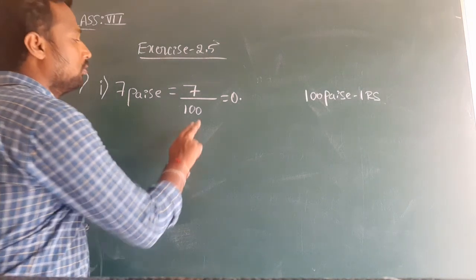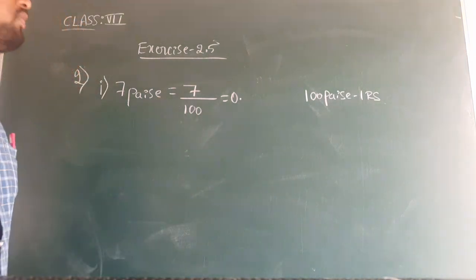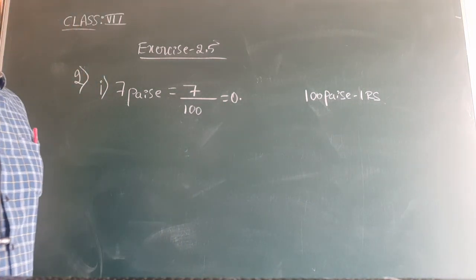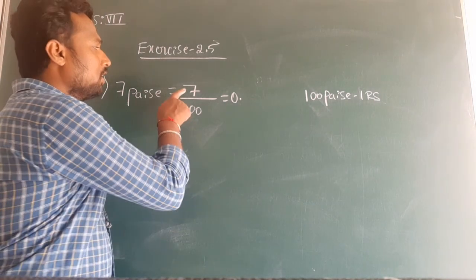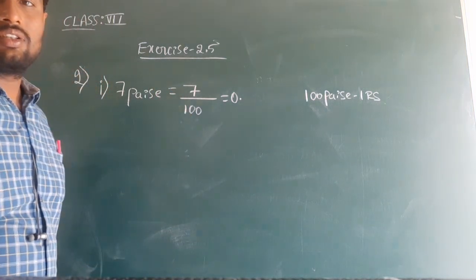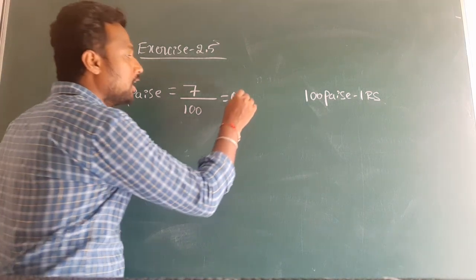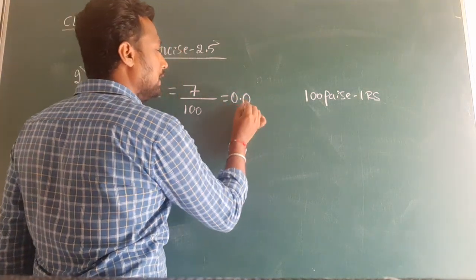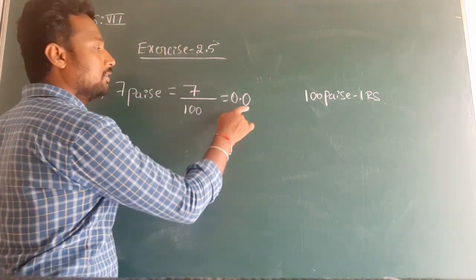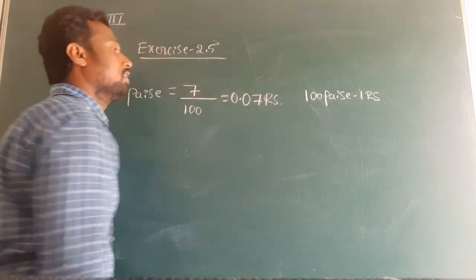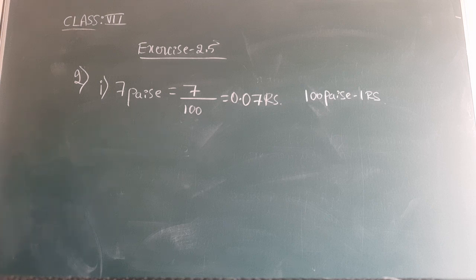Now we already have 7, which is 1 digit. We still need one more digit, so in the tens place we will consider 0 and write 7. So 0.07 rupees. Okay, next one.